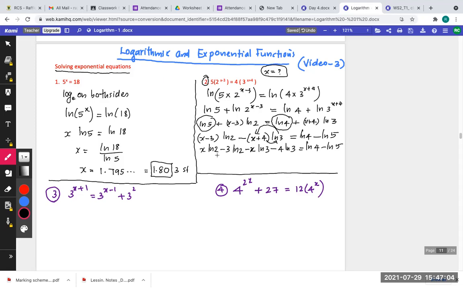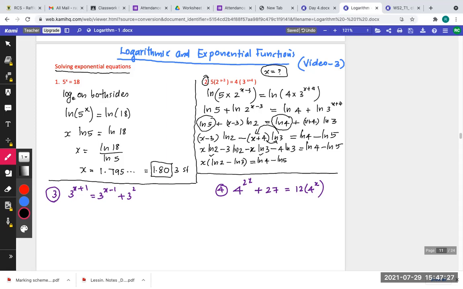Now you see, our aim is to solve for x. Now we have only 2 terms of x, and you can take x outside from both of them. Then what you get? X times ln 2 minus ln 3 equals, you move all the other constants to the right side. Already on the right side there is ln 4 minus ln 5.